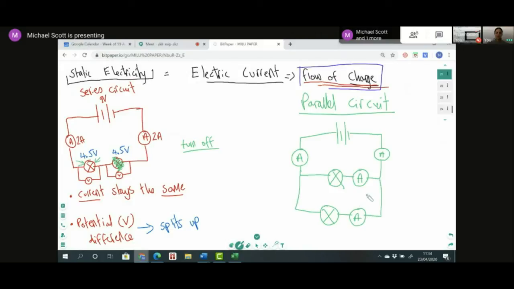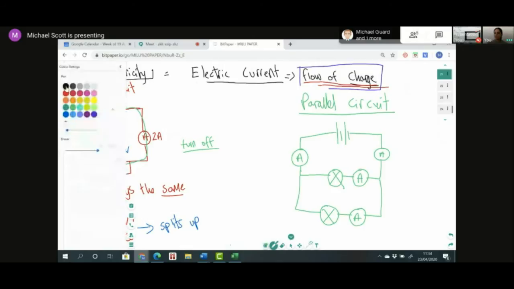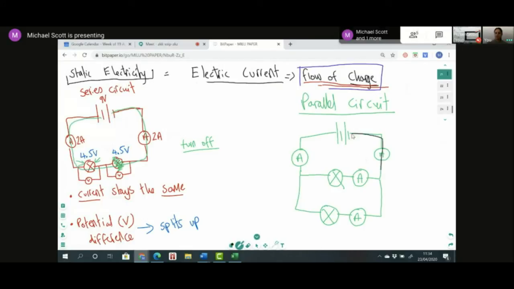There you go. Within a series circuit, charge can only flow one way around that circuit. But in a parallel circuit, the charge can either go through that loop or through that loop. So let's have a look at the rules in terms of current and potential difference, like what happens in a parallel circuit.